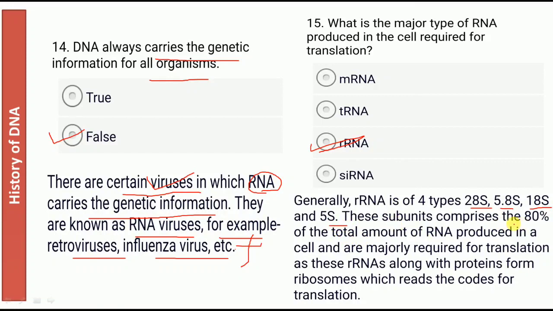These subunits comprise 80% of the total amount of RNA produced in a cell. This is the major rRNA, ribosomal RNA, and it is majorly required for translation. These rRNAs along with proteins form ribosomes, which read the codes for translation.